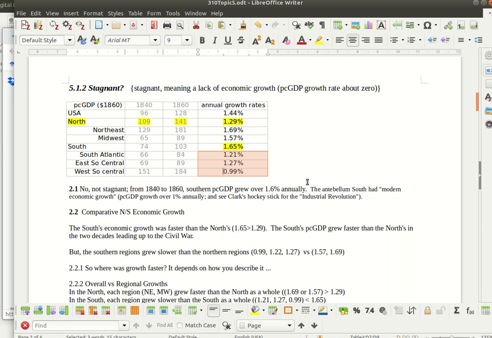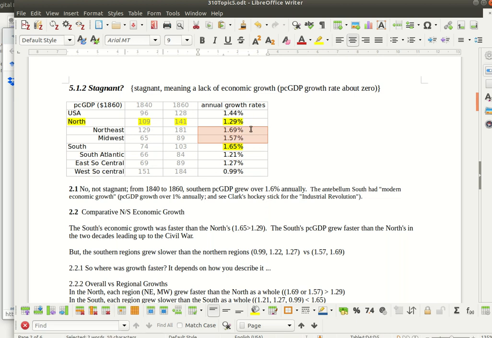The south is growing faster, but if we look at the northern regions compared to the southern regions, the north is growing faster. And what's potentially even more confusing than just the ambiguity of where the growth is faster is to notice the discrepancies between the regional growths.